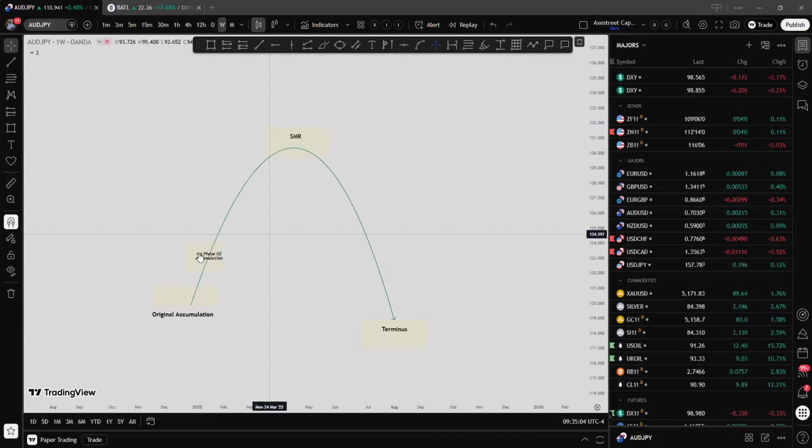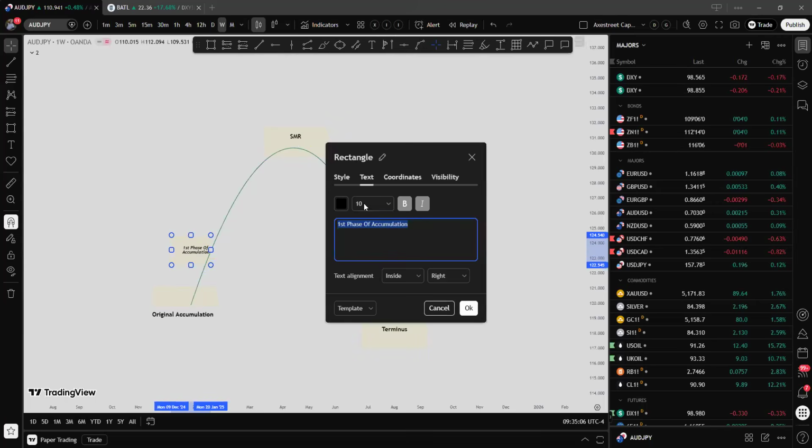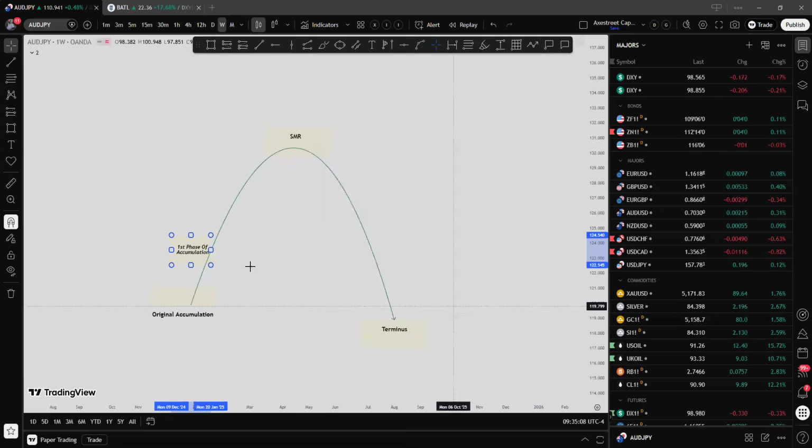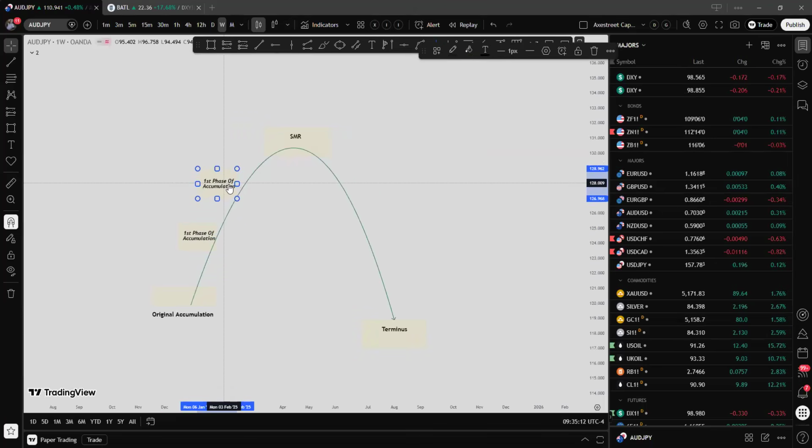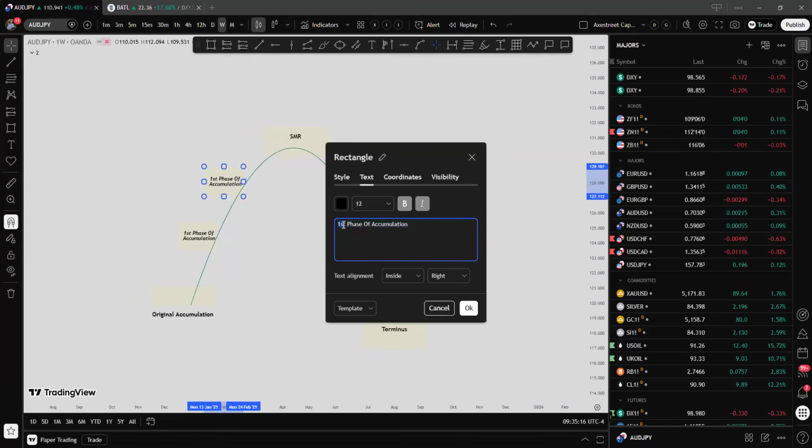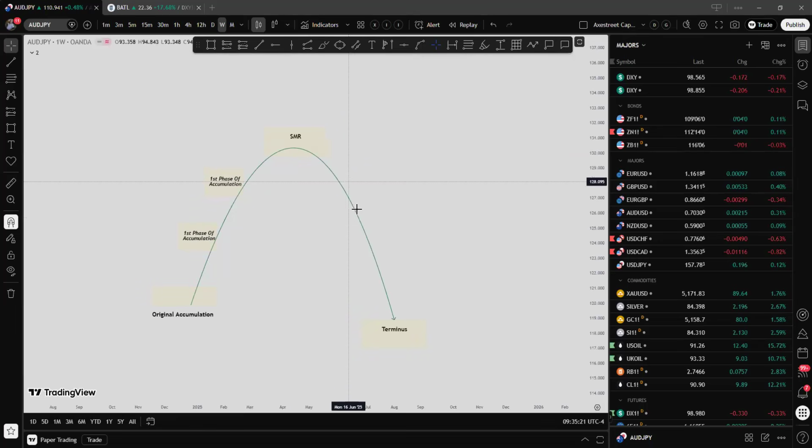Just make it a different color so we can see, right? Okay, so this would be the first phase of accumulation. Then we'd have a second phase of accumulation. And this is on the left side of the curve, right?